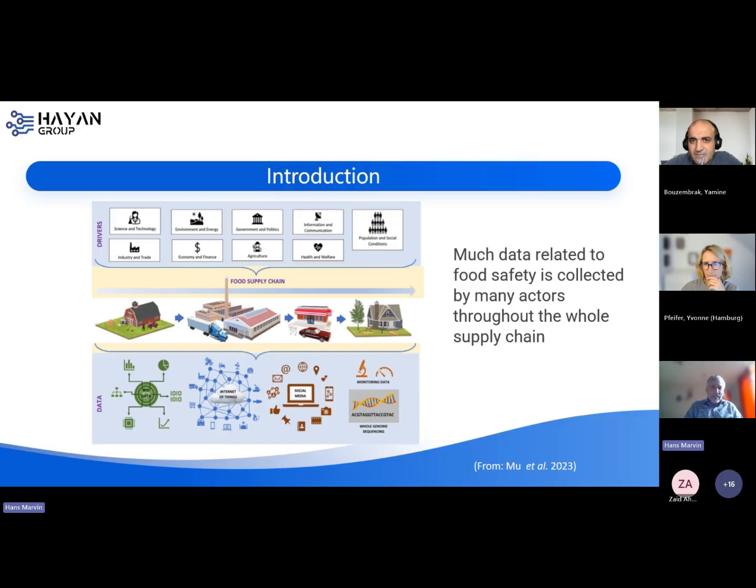Also, data is generated and collected by many different companies and authorities throughout the world. Besides that, food safety data is also collected throughout the supply chain by the different actors operating in the food supply.